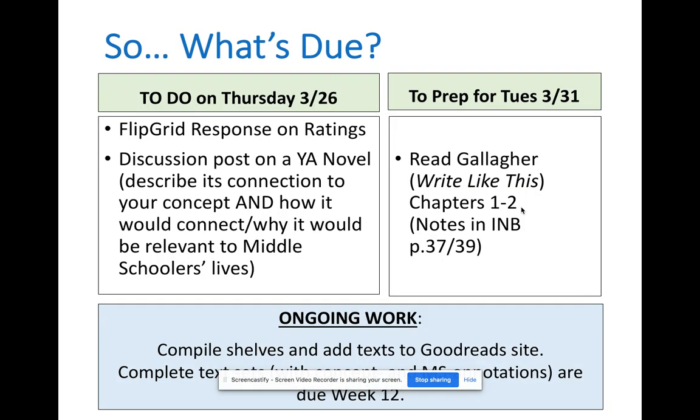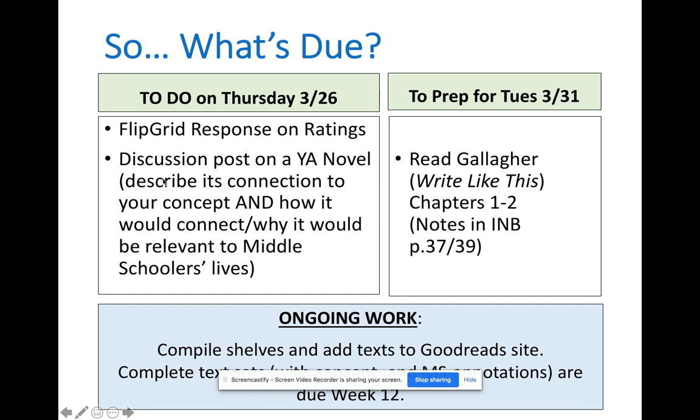So what's due in summary? On Thursday when you have work time, you can do your Flipgrid response on your ratings of the Fox. You don't have to wait until then, but that's the time dedicated to it. You're also going to do a discussion post on a young adult novel. You're basically doing a trial run with a Goodreads review.